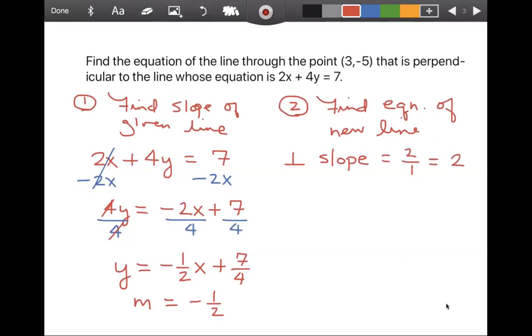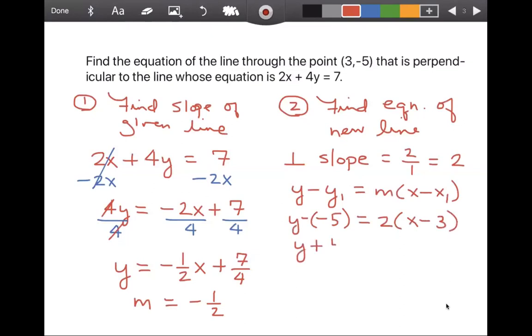All right, and now we'll use the point-slope formula to write the equation of the line. So remember that goes y minus y1 equals m times x minus x1. M is 2, x1 is 3, y1 is -5. So we have y minus -5 equals 2 times x minus 3.